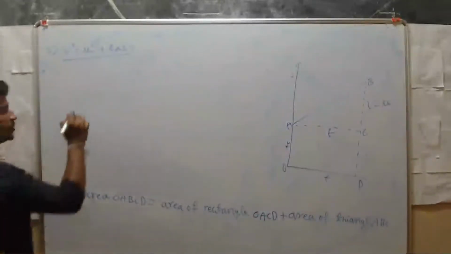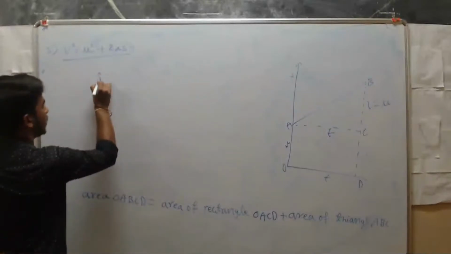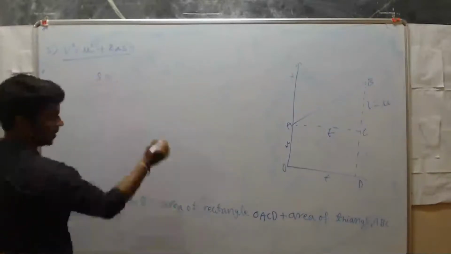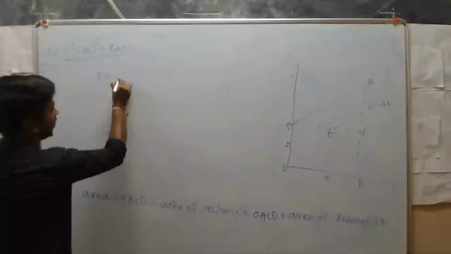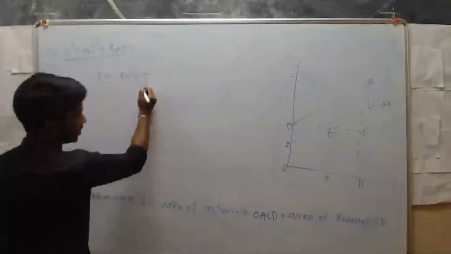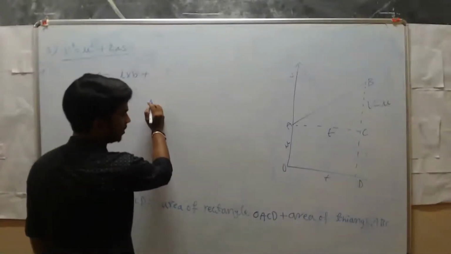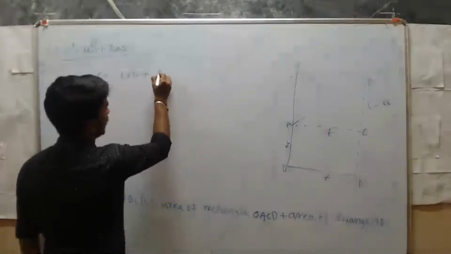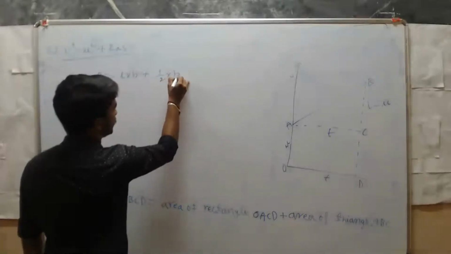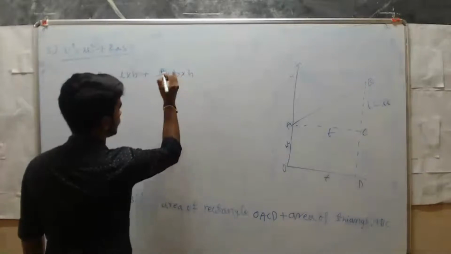The distance or displacement S equals the area of the rectangle, length into breadth, plus area of the triangle, half into base into height.